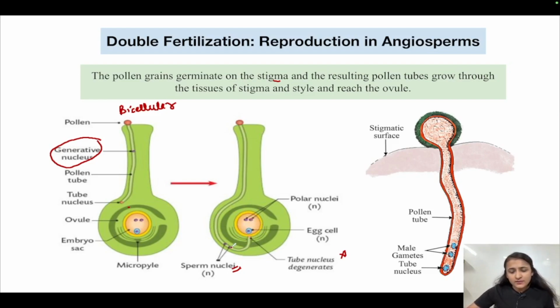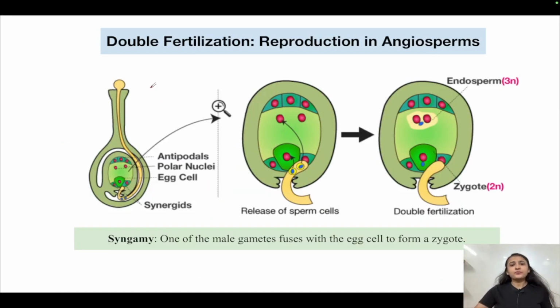So here it finally enters the micropylar end, and the sperm nuclei will then undergo the fertilization process. We will study this process now. Now, since there are two male gametes, right, two male nuclei we studied, two male gametes are present.